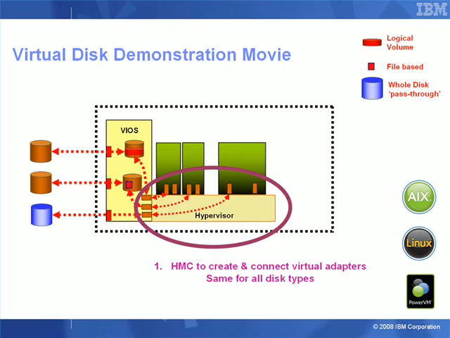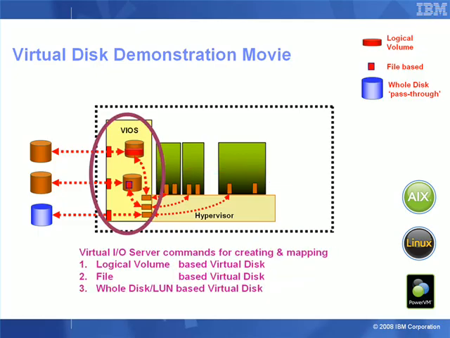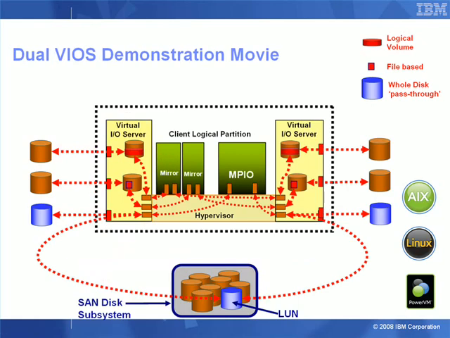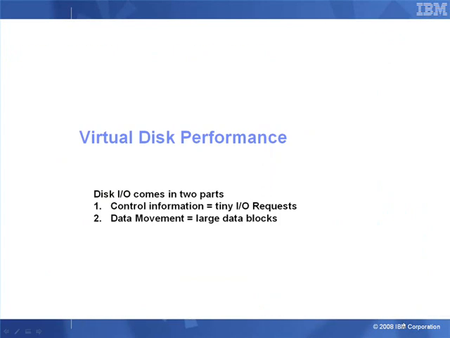And these connections are all exactly the same regardless of what underlying disks are involved. In the second part, we're going to look at how we create the disks and map those disks to the virtual SCSI disks for the logical volume based, the file system based, and the whole disk or LUN based virtual disks. In a further movie, we'll demonstrate dual virtual I/O server working, where the clients will either mirror between disks or use multipath I/O when they're referring to a LUN.